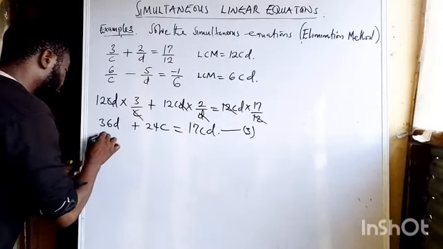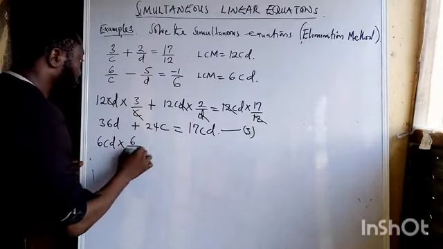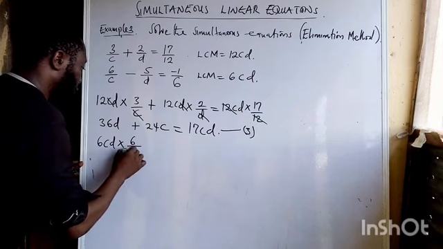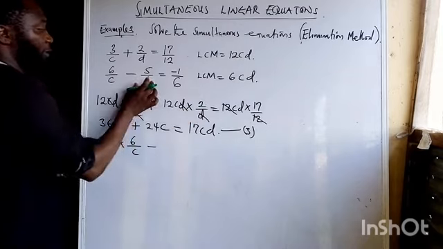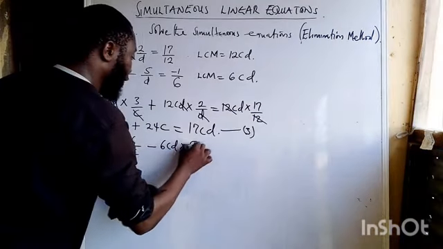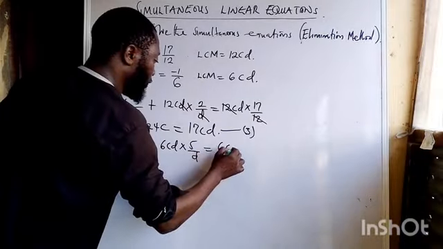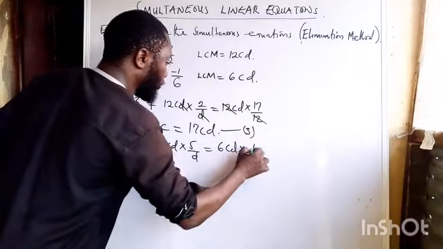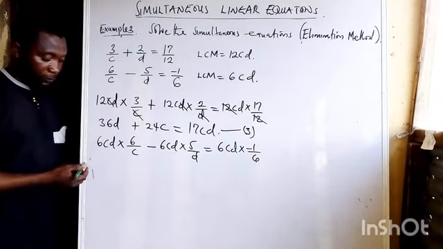So we have 6CD multiplied by 6 over C minus the LCM multiplied by this again, 6CD multiplied by 5 over D equals 6CD multiplied by negative 1 over 6. So now let's divide as we did in the first equation.